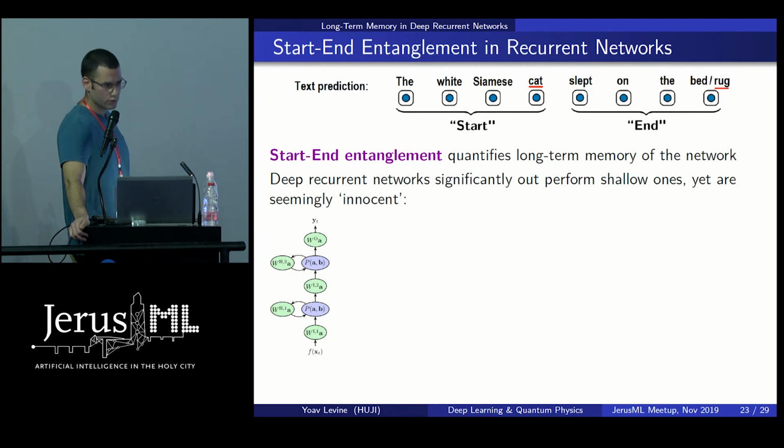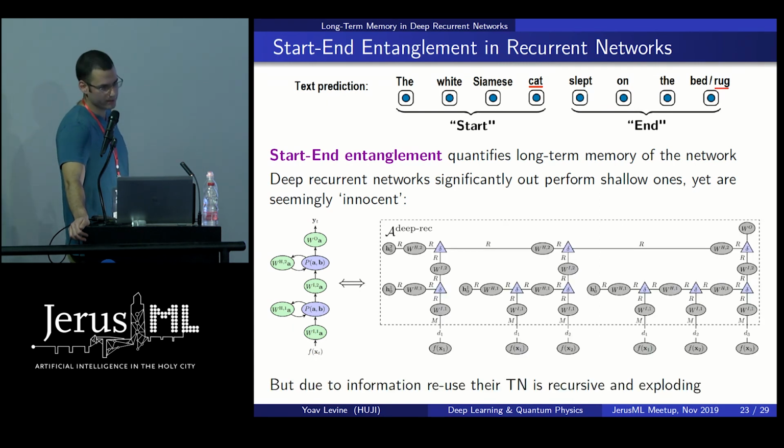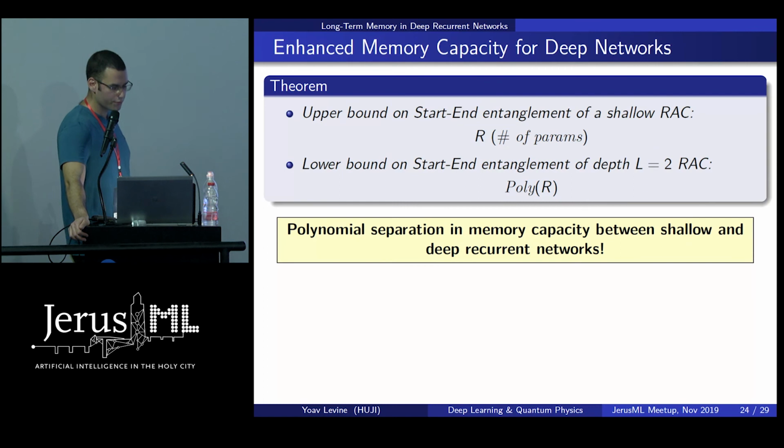But a common practical choice that gives good practical results is to stack RNN layers, to have a deep RNN. When we draw the quantum tensor network equivalent of a deep RNN, we get a more convoluted network, which allows us to prove that for deep RNNs, the long-term memory capacity grows polynomially with network depth, whereas a shallow one is upper bounded by a linear term.